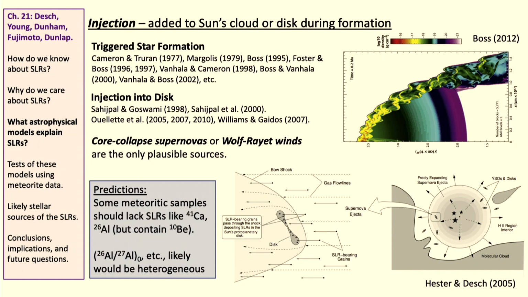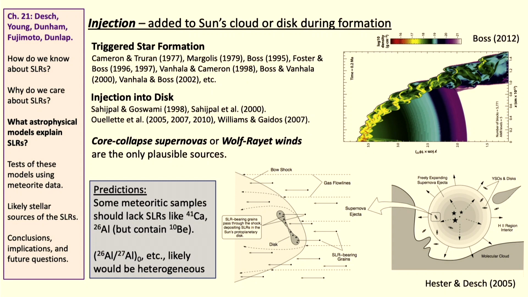When aluminum-26 was finally discovered in 1976, very soon after, Cameron and Truran proposed the triggered star formation idea, that you had a supernova shock that both triggered the collapse of the cloud core and injected aluminum-26. And this model has been investigated quite thoroughly by Alan Boss and others. You could also inject it directly into the disk, which was a later idea, but one I worked on myself for a while.